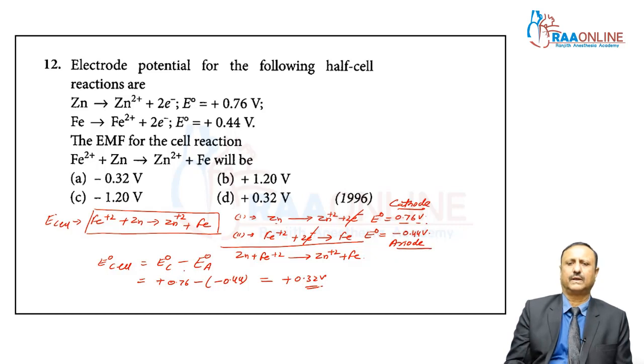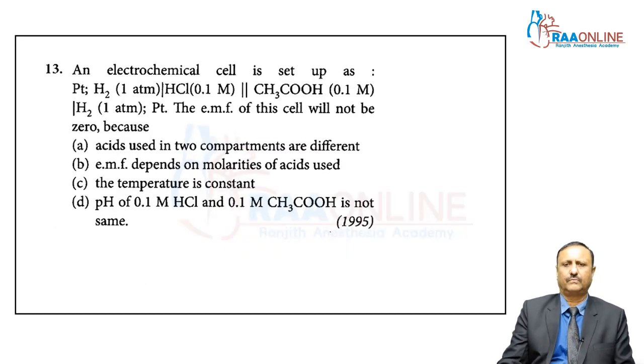So for the anode you put the values minus 0.44 volt, minus 0.76 volt, because it works as a cathode and it works as an anode, and you get the answer 0.32. This question was also asked in 1996. Now we can go to question number 13.